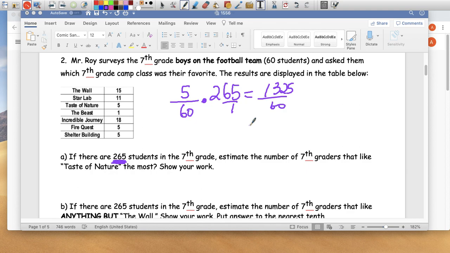If we divide by 60, I get 22.08, right? But because we're talking about people, we can't have 22.08 of a person, so this would be 23. When we're talking about people, anything that's above, we round it up. So that would be question A.